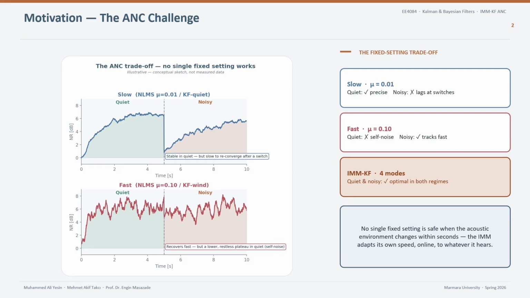In real life, walking from a quiet office into traffic, then wind, then a crowded cafe, changes within seconds. No single fixed setting is safe. Our goal: one controller that adapts its own speed online to whatever it hears. That's exactly what the IMM gives us.